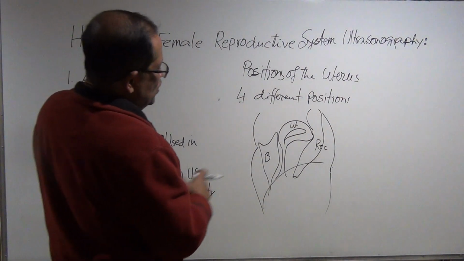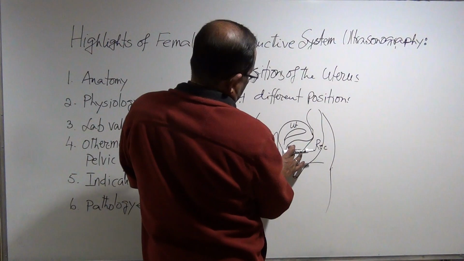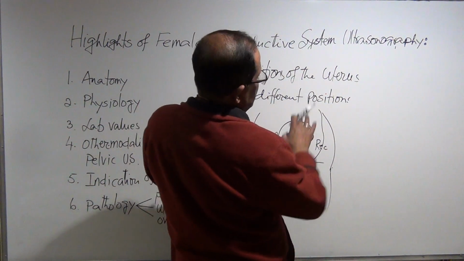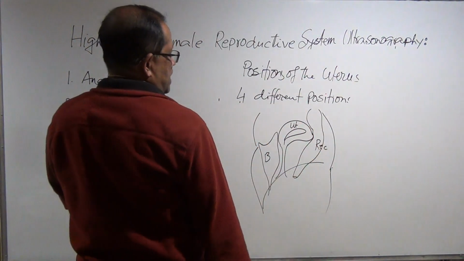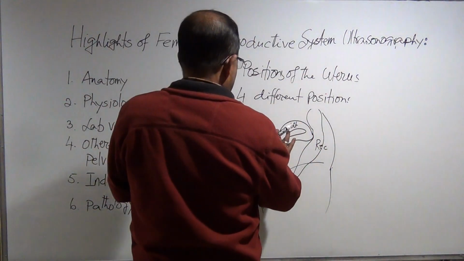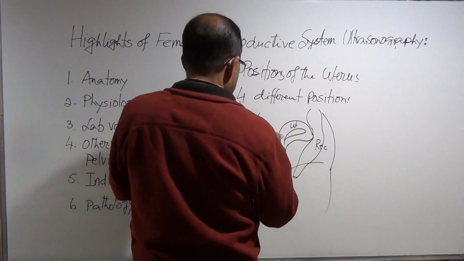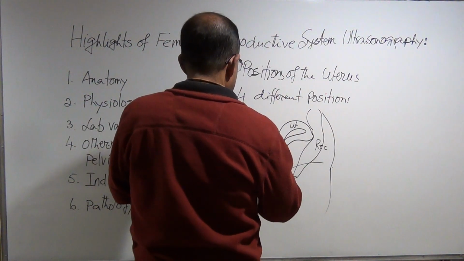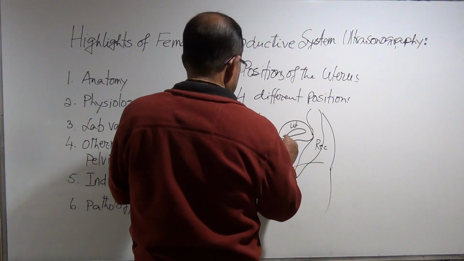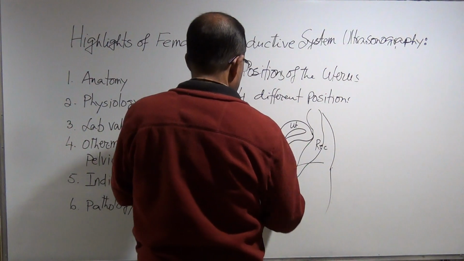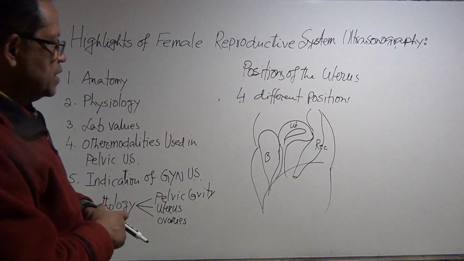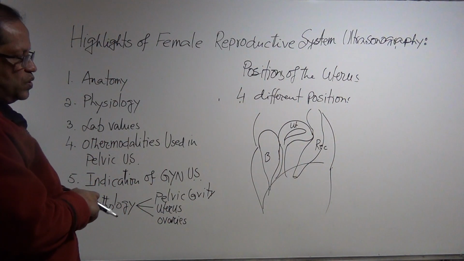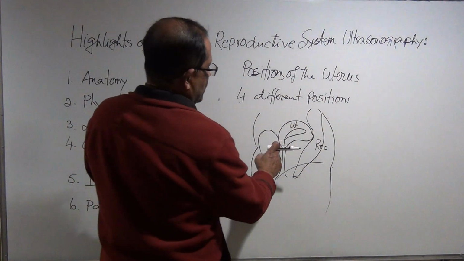Okay, so now look at here. The uterus is pushing the rectum, and the bladder is free, and the bladder is getting distended more.